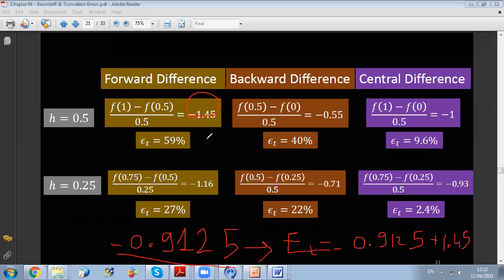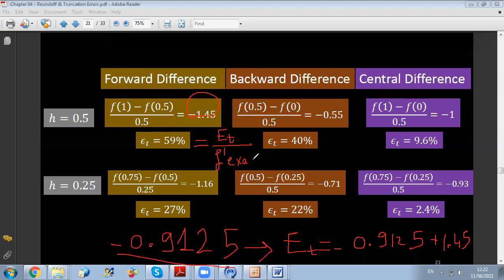But if I calculate the relative error, I will get a negative result, because the true relative error is defined as the true error over the exact solution. Here it's f prime exact.